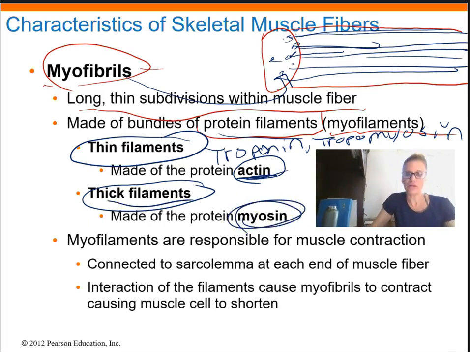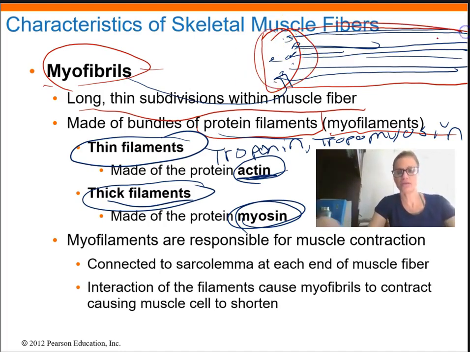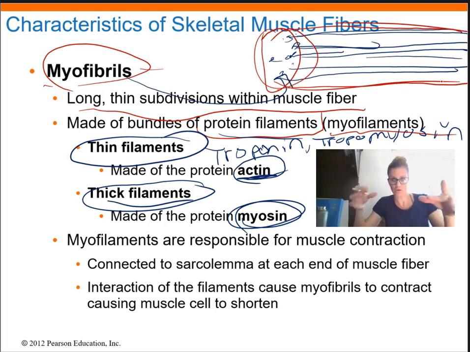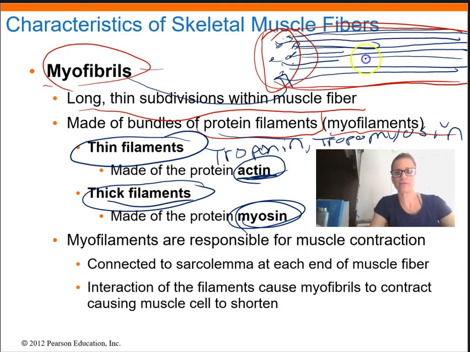So if we look at this whole structure up here, right? This whole thing is my muscle cell or my muscle fiber. And I said that muscle cell is made up of a bunch of these long, thin threads of protein, the myofibrils. Myofibrils contain a repeating pattern of thin filaments and thick filaments.